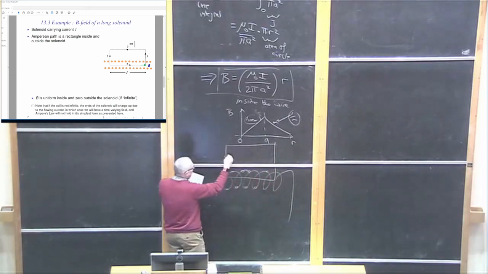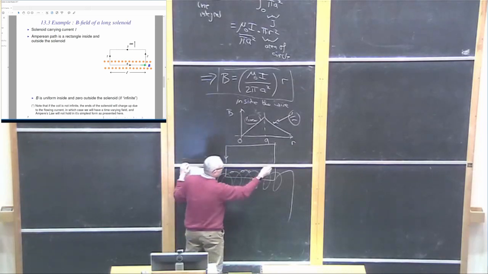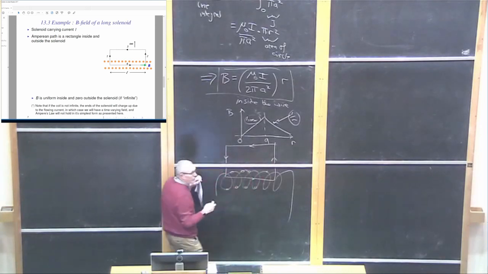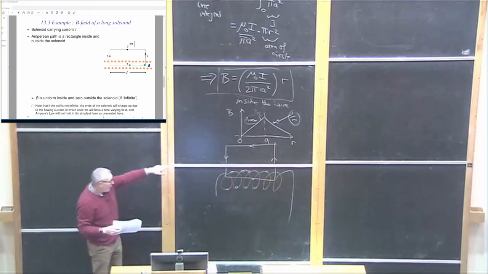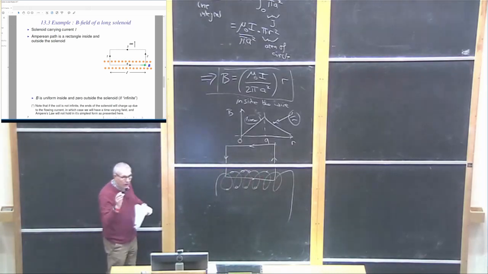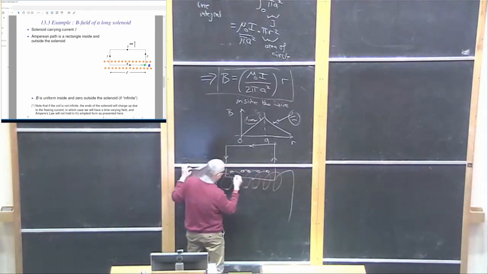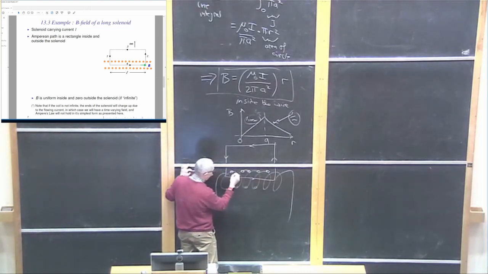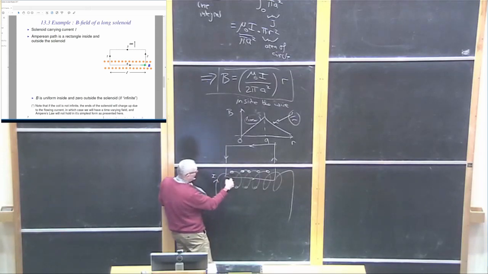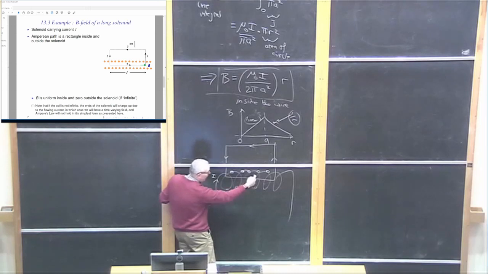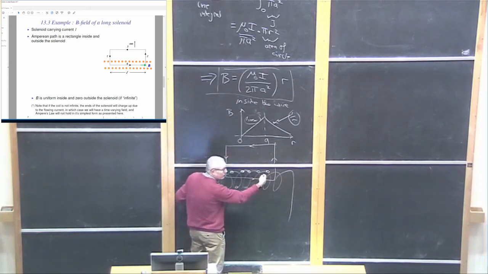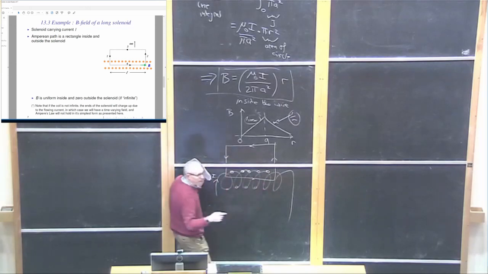And so this is now your path integral, and you integrate like that over that path. And notice I'm going through the coils here. There's a current I flowing in here. So if you've got n turns of wire, then you cross n times the current as you go along this path.